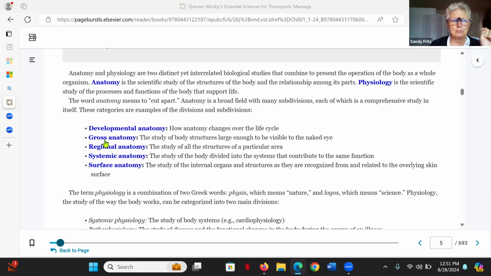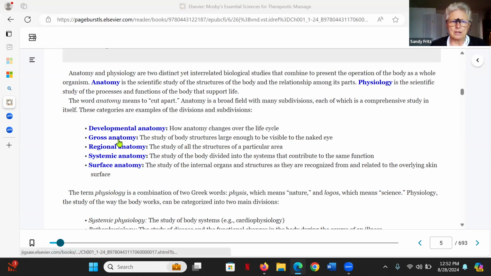So another example here would be with gross anatomy. If you were going to do a postural analysis looking for symmetry, these are things that you can see. You can identify the various bony landmarks, and sometimes you can see through the skin how the muscles are designed and relate to each other.